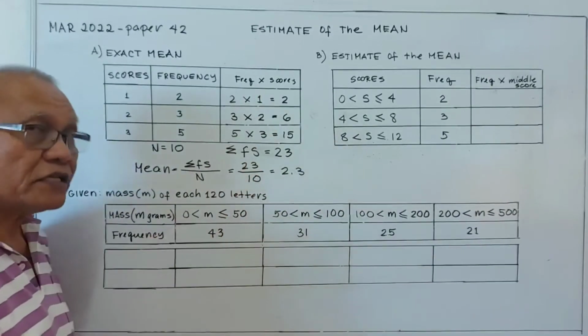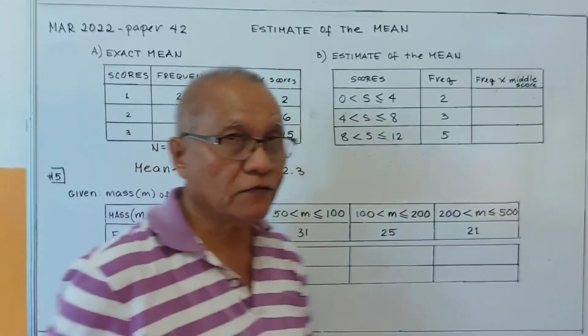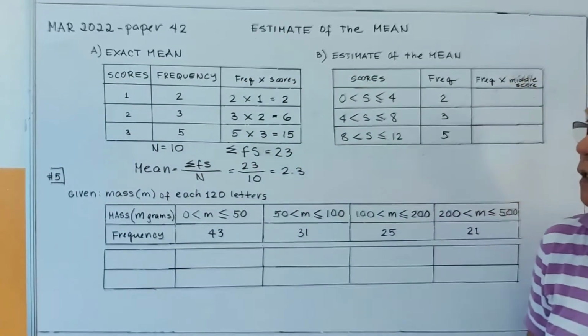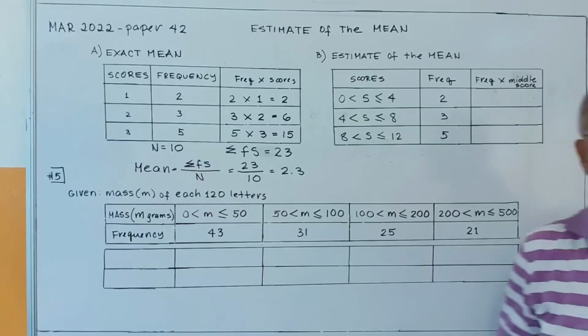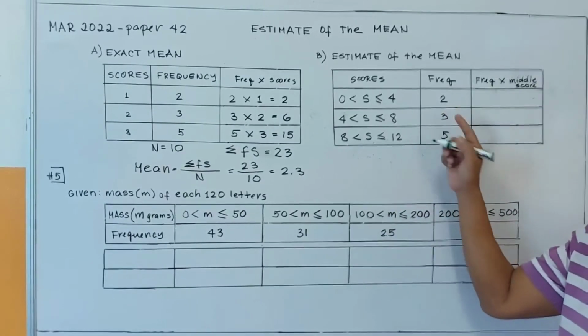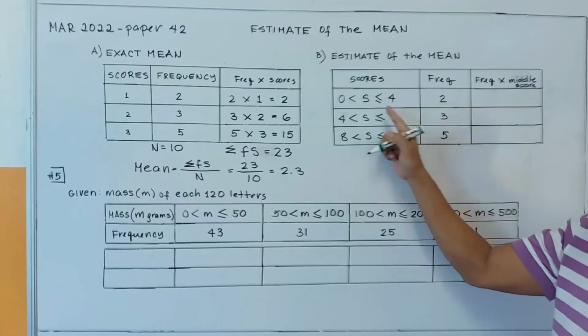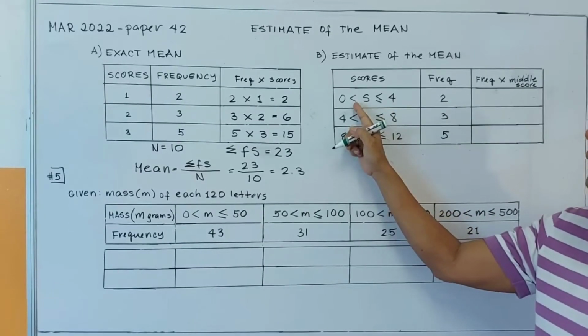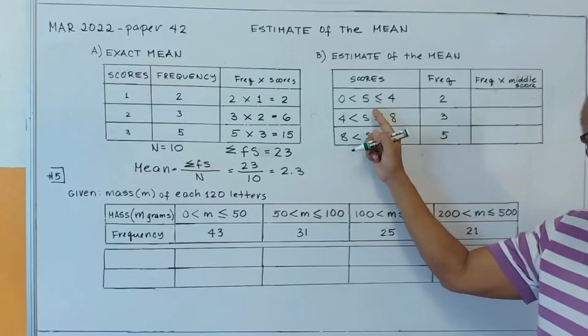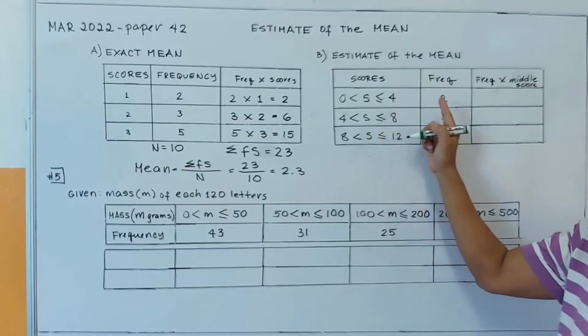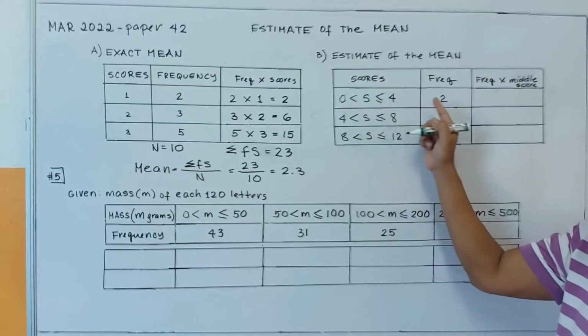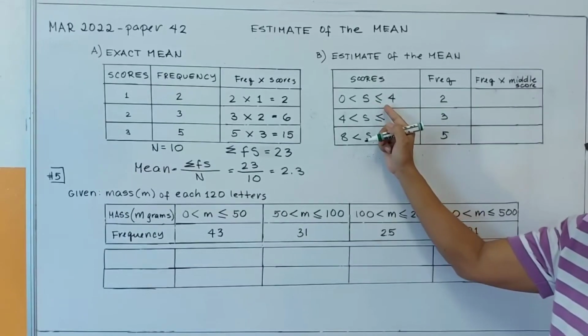Now, estimate of the mean is different because here we don't have exact scores. Here it is called estimate because we do not know whether these 2 students got a score of 1 or 2 or 3 or 4, or one of the students can get 3, maybe the other one can get 4.